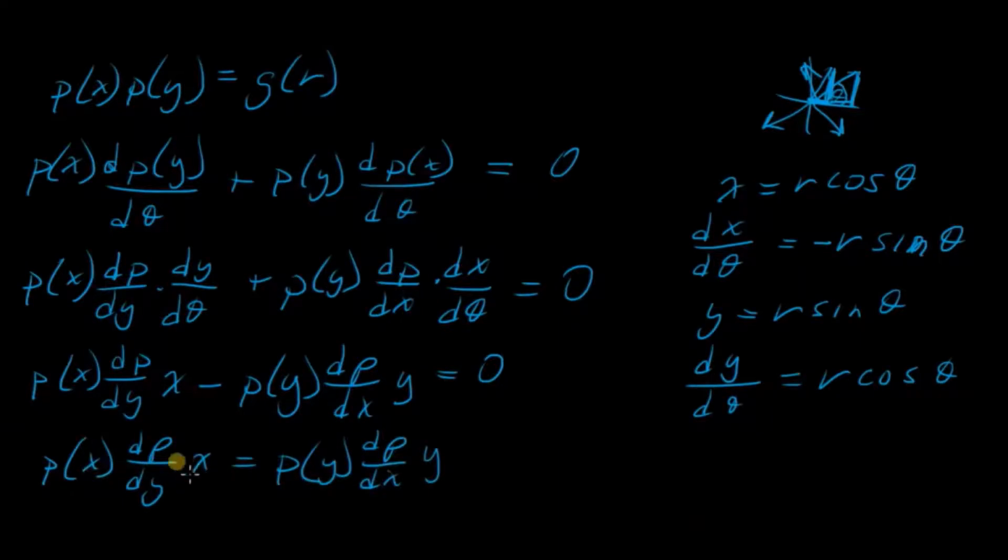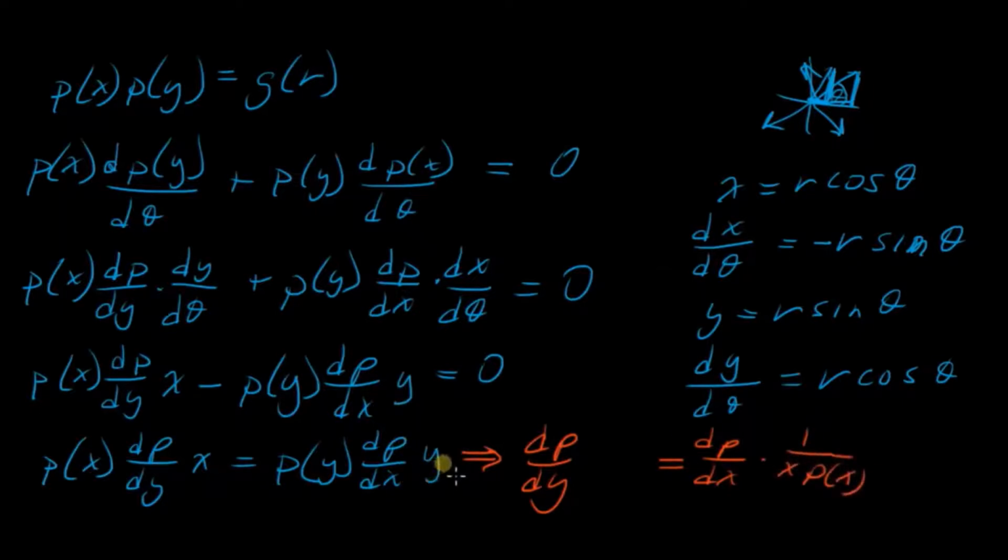I've got stuff mixed here, so what I'm going to do is I'm going to keep the dP/dy over here and the dP/dx over here, and I'm going to divide this x and P of x over here, and I'm going to divide the y and the P of y over to here.